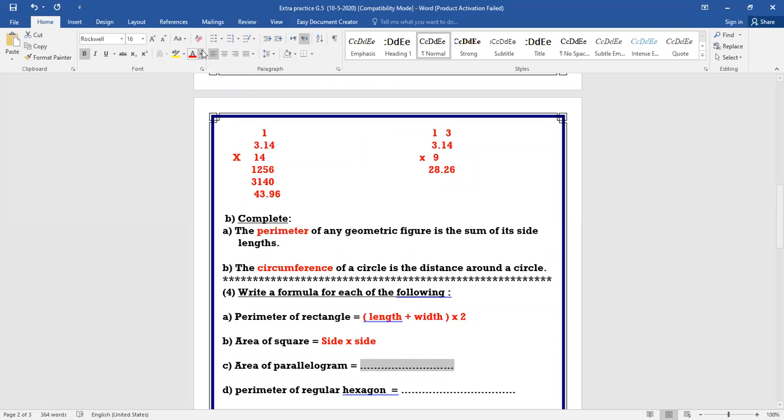Area of parallelogram. Adi, go ahead. Side multiplied by 4? Okay. Area of parallelogram.